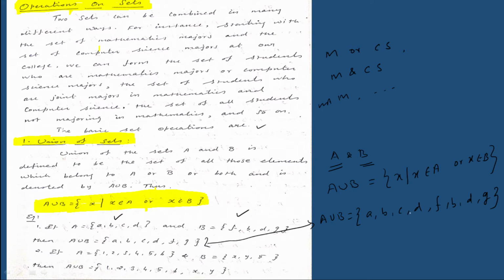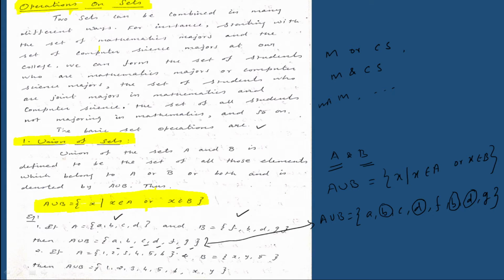B is repeated two times, also d is repeated two times. So instead of writing them two times, you can write them once, that's enough. So A union B is equal to a, b, c, d, f and g.